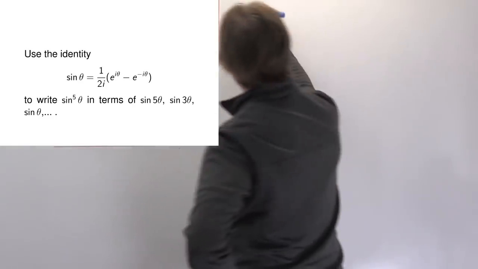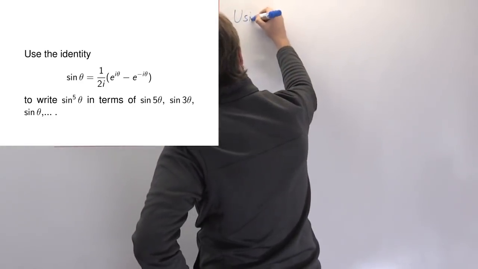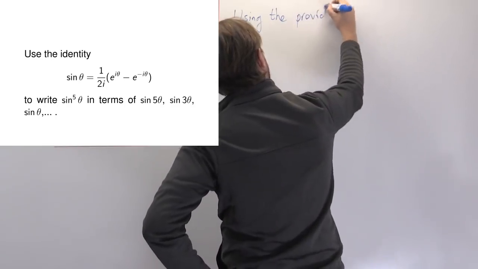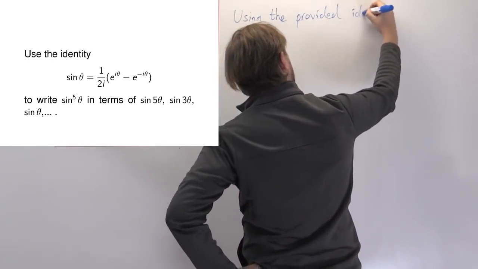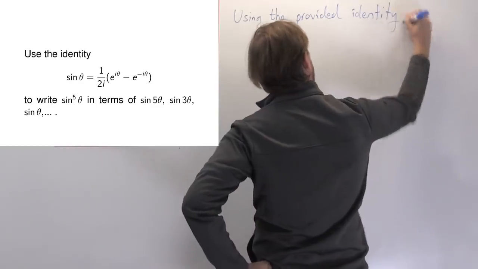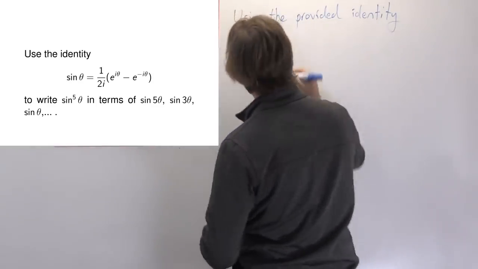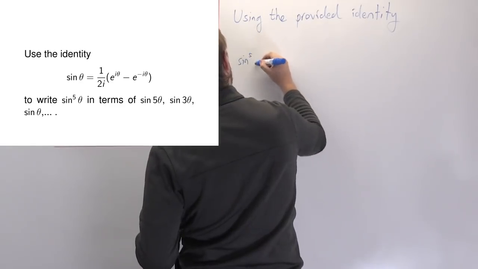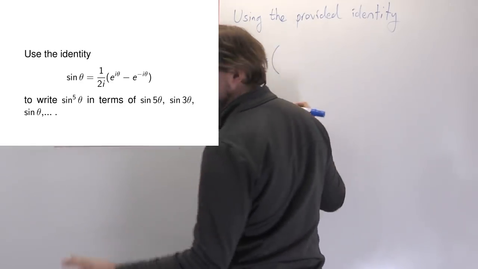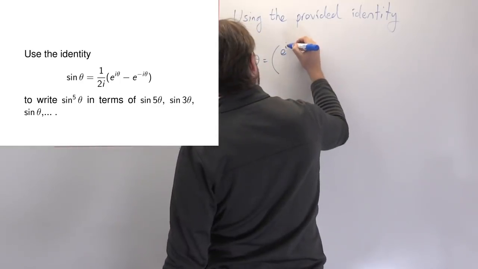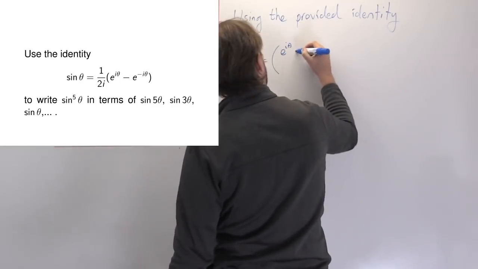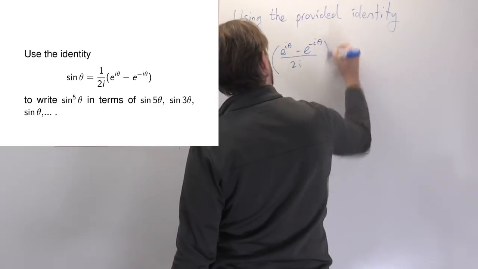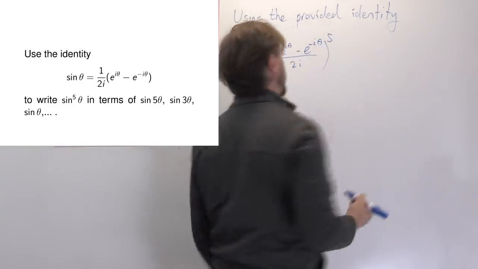Okay. Right, so we're going to use this provided identity, and what does it say? Well, it would tell us that the fifth power of sine theta is really just the same as e to the i theta minus e to the minus i theta over 2i, to the fifth power.